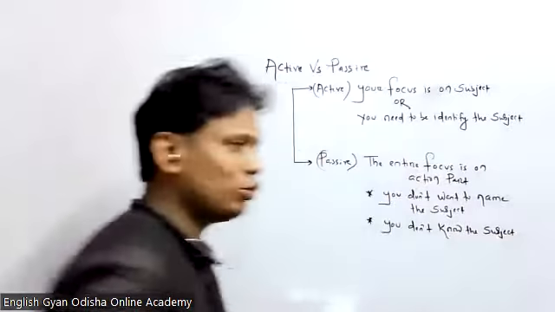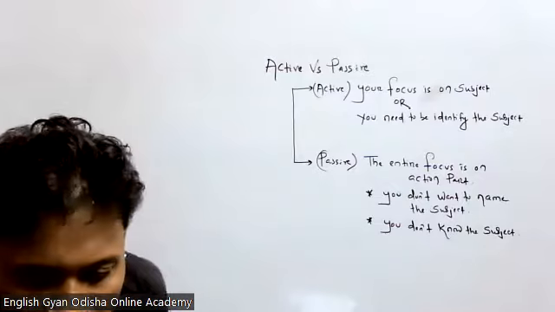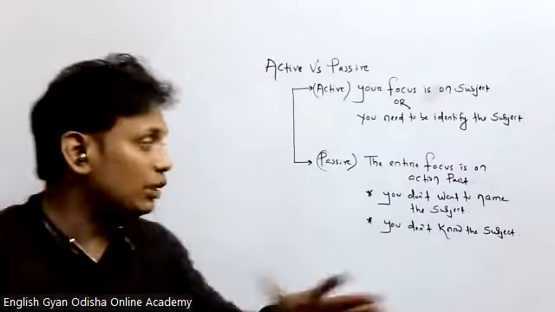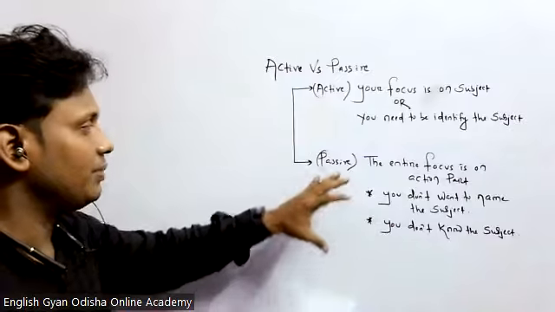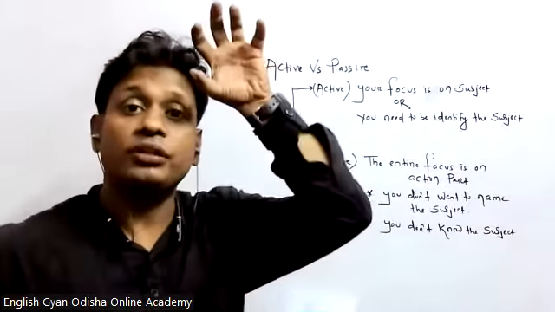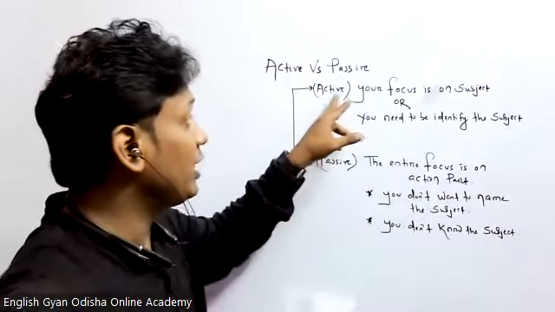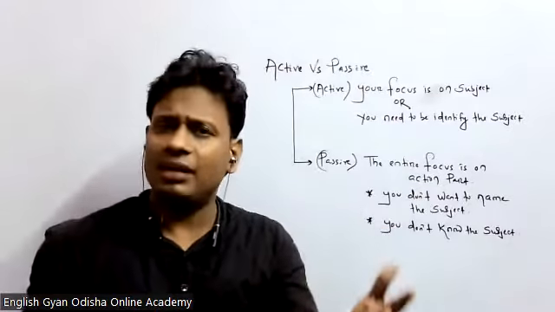That means the actual identity of that subject is unknown to you. Whenever it is completely unknown to you, you can use passive. You can use passive whenever your entire focus is on the action part. Whenever you use active, your focus is on the subject, right? I have given a lot of examples.